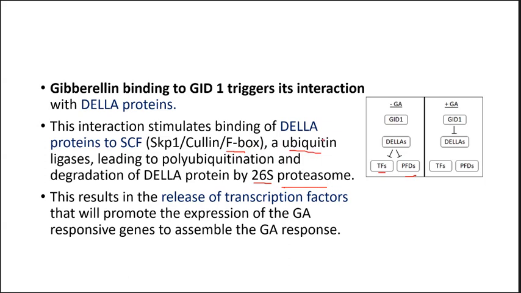If any protein is an F-box protein, that means it has the ability to tag other proteins with ubiquitin and target them to the proteasome. So DELLA will be degraded. In that case, the transcription factor is active and PFD is active. The release of the transcription factor will allow the expression of GA responsive genes, so that the GA response will be seen.